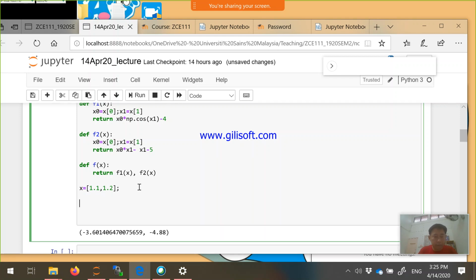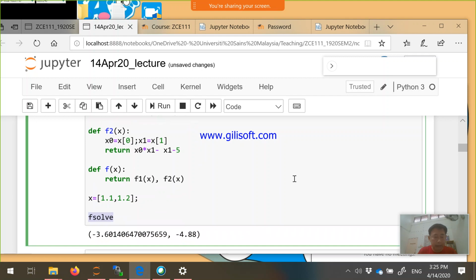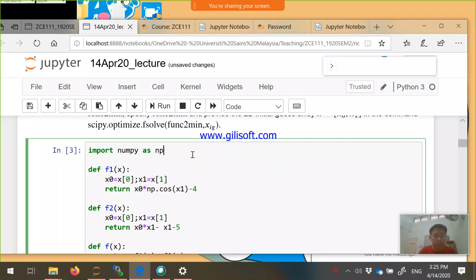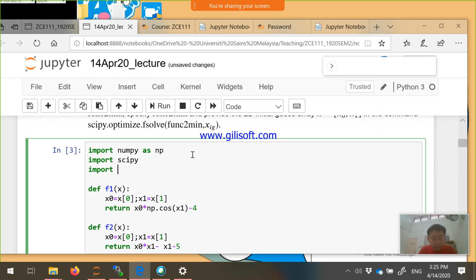So in order to obtain the root or the solution, we just have to use fsolve. Now fsolve, as we have discussed in a previous exercise, is actually a package from SciPy, right? Import SciPy, and then from SciPy we have to import optimize.